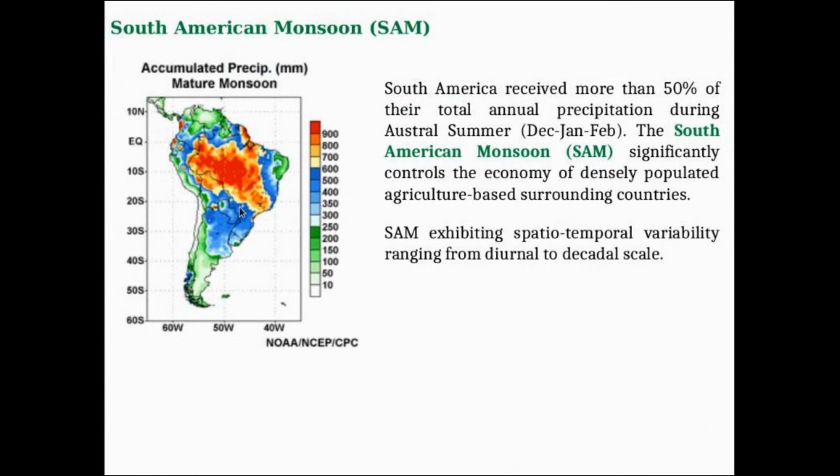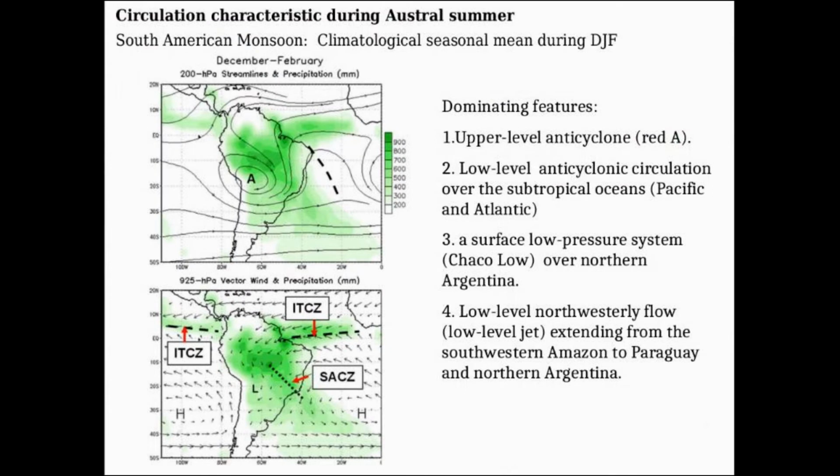So this short-time precipitation hugely influences the economy of this area. But the SAM exhibits spatiotemporal variability ranging from diurnal to decadal. Here I will mainly focus on the intraseasonal variability.